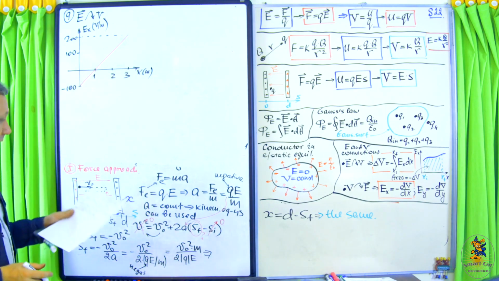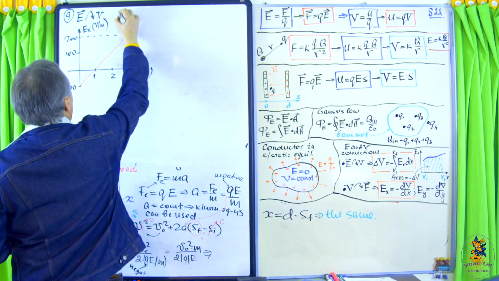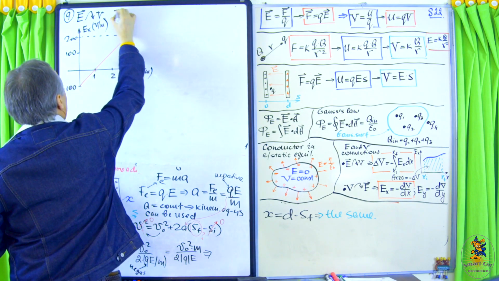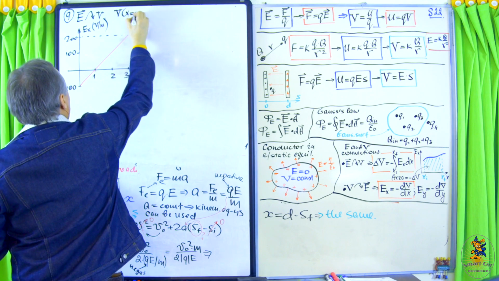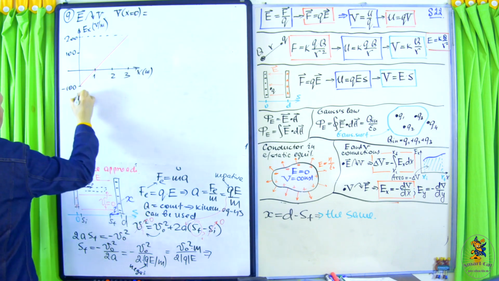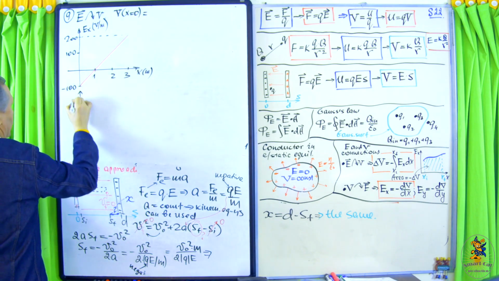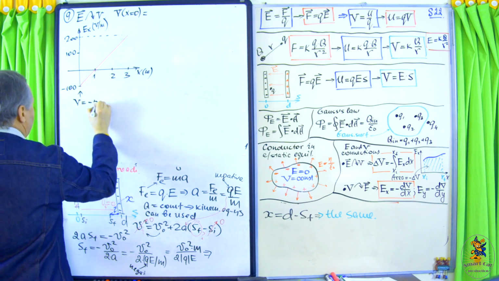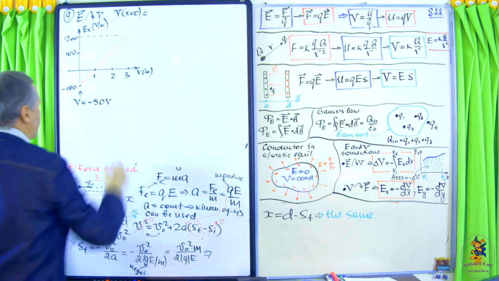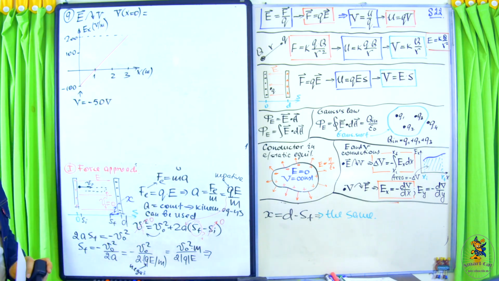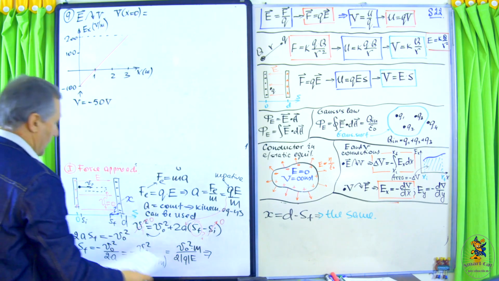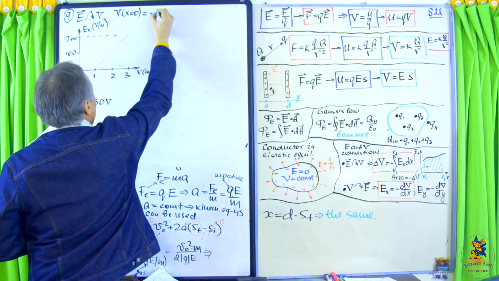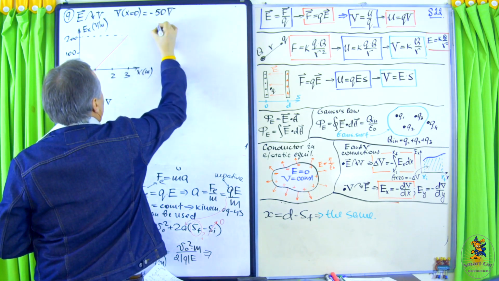So this plot is given, and also we know that electric potential at x equals 0, basically over here, electric potential at this point is what? Minus 50 volts.